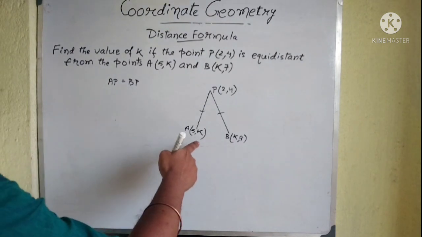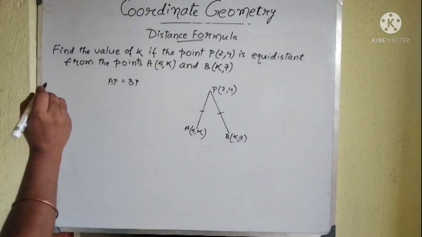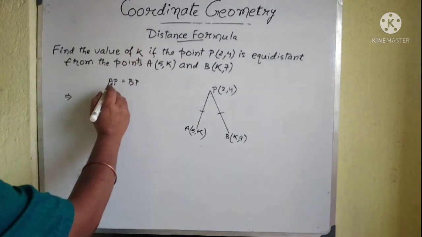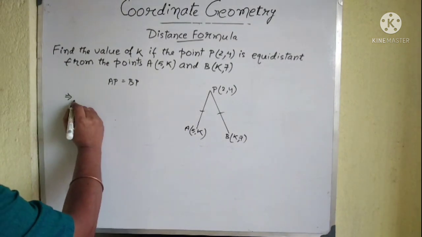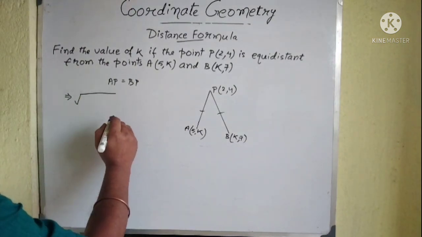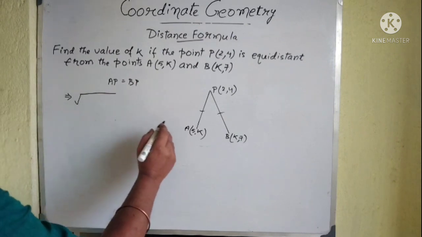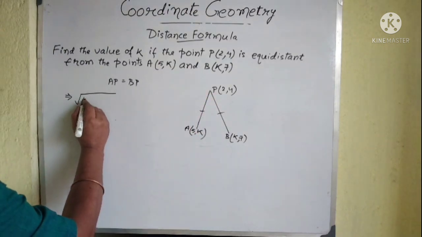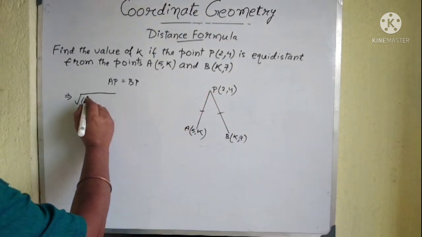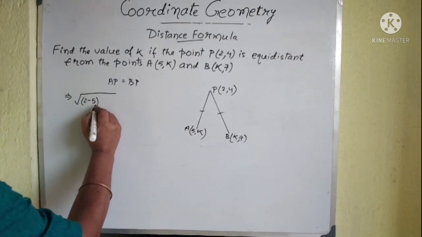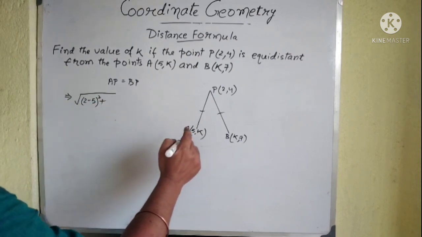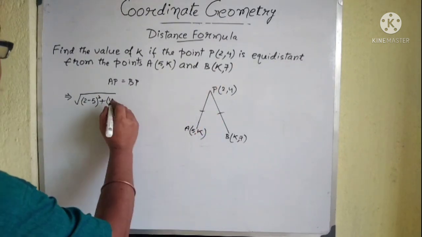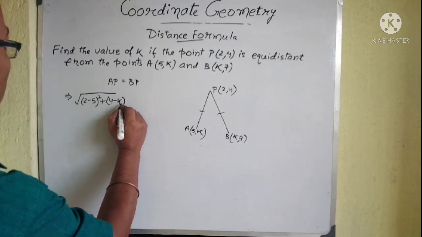Now you need to find out the value of k. So what we know by distance formula, AP is equal to square root of (x2 minus x1) whole square. If you consider AP, x2 is 2, so (2 minus 5) whole square plus your y2, which is 4, so (y2 minus y1), y1 is k, whole square.